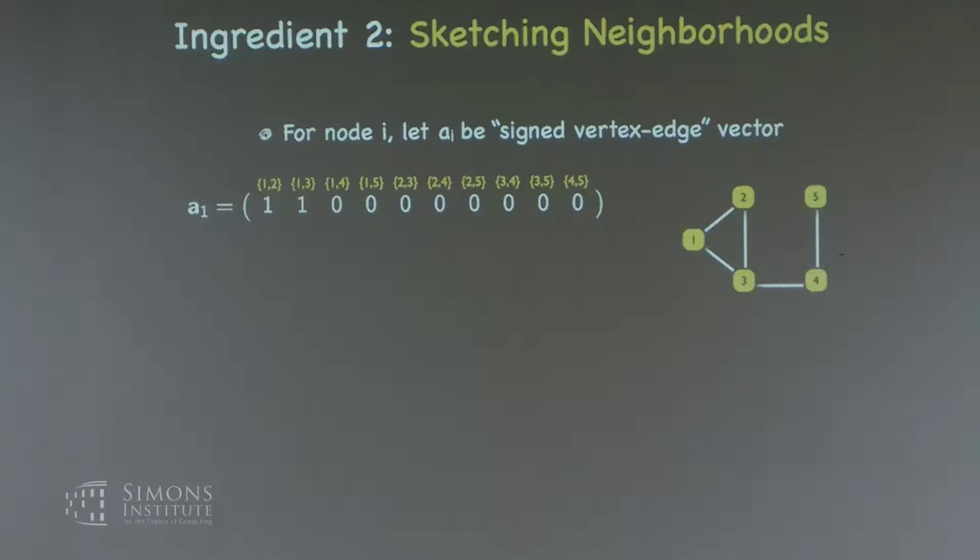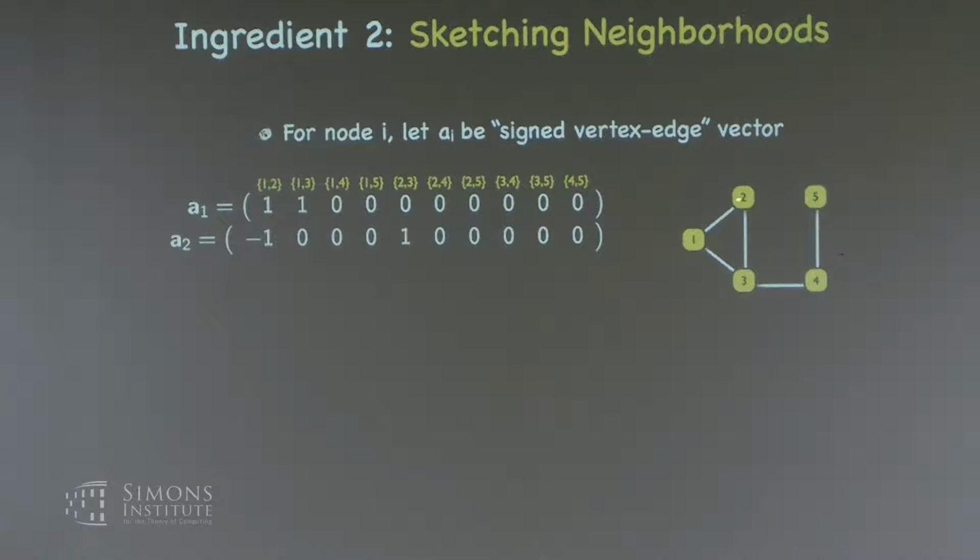It's an n-choose-2 length vector, so the entries are indexed by node pairs. With 5 nodes, I've got 5 choose 2 entries here. An entry is non-zero if this pair is an edge incident to this node. Player 1 has links to node 2 and node 3, so (1,2) and (1,3) are non-zero, and everything else is 0.